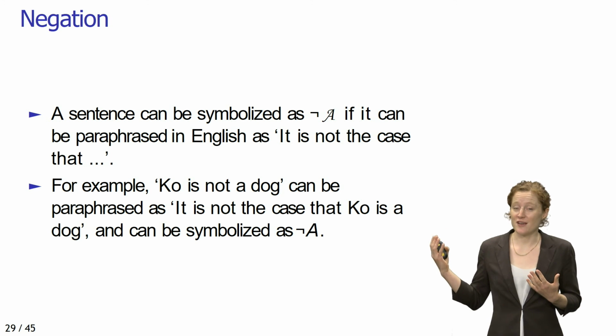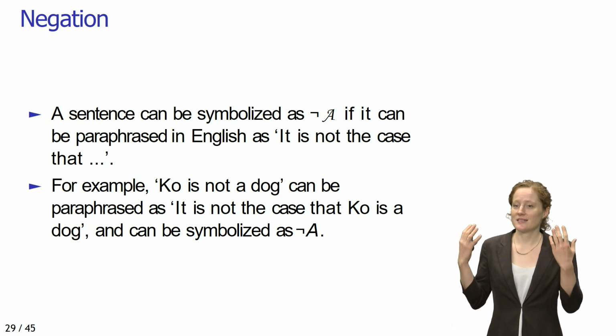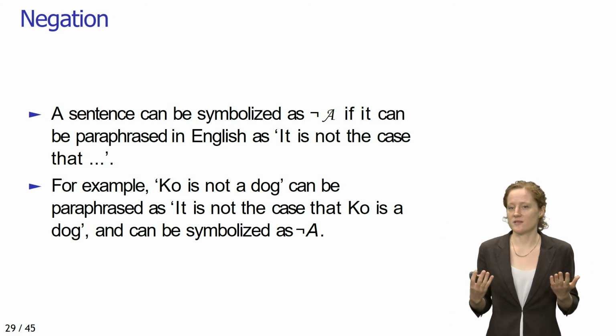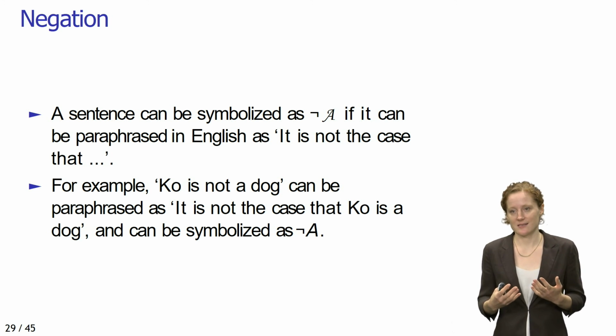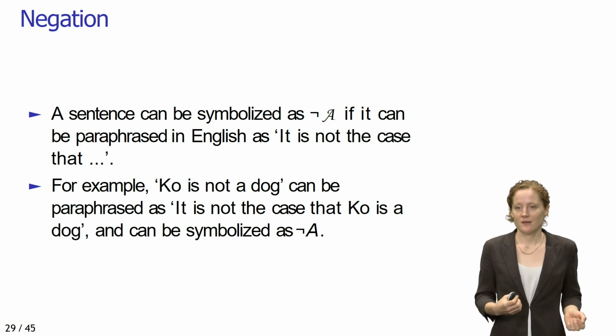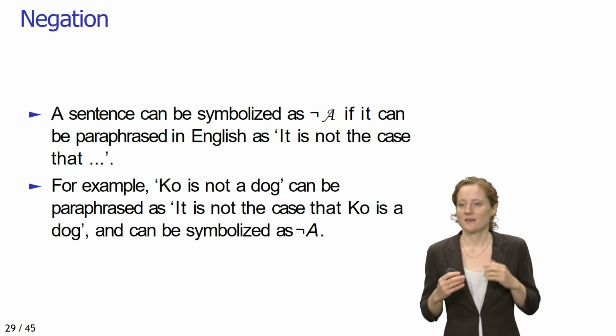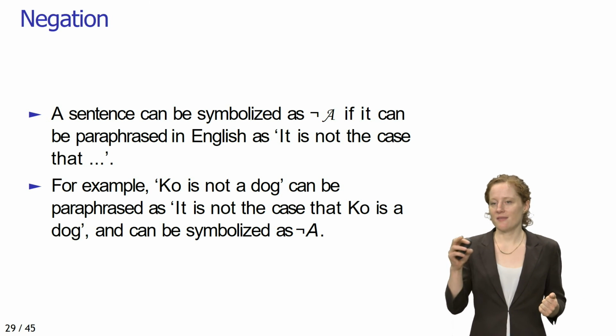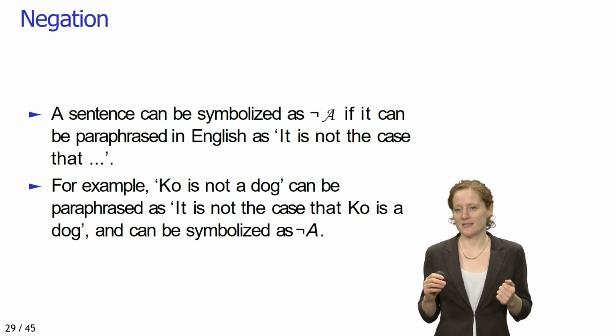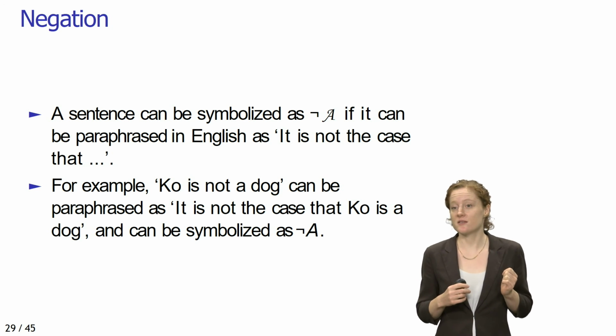We can paraphrase this sentence as "it is not the case that Co is a dog." And then we can symbolize it as not A. Here the capital letter A represents the sentence "Co is a dog," and the negation symbol symbolizes the prefix "it is not the case that."